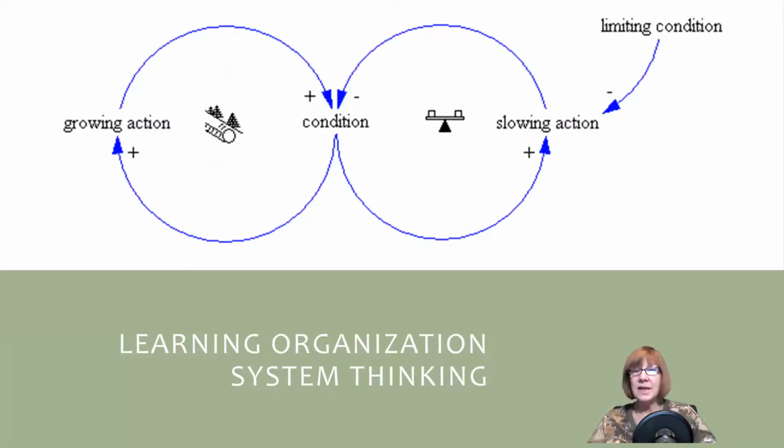Now, one of the ways that the learning organization does systems thinking is they take a look at a number of archetypes. And the tragedy of the commons is one of those archetypes.